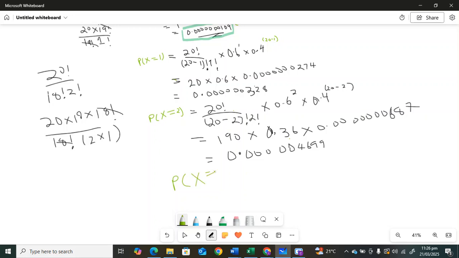Probability that 3 students prefer working in the banking industry.